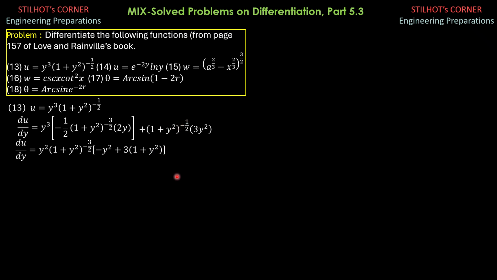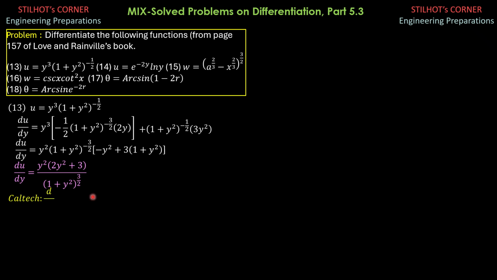So these quantities in these brackets here, when simplified, is 3 plus 2y squared. Then we bring this down. So du dy is equal to y squared times 3 plus 2y squared, or 2y squared plus 3, all over 1 plus y squared to the positive 3 halves. Then you have to check this answer using the high-tech calculator.